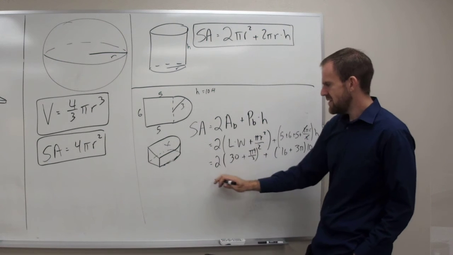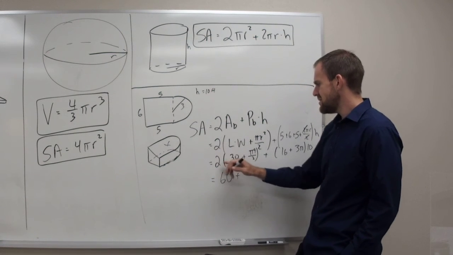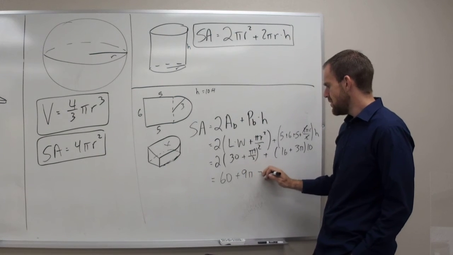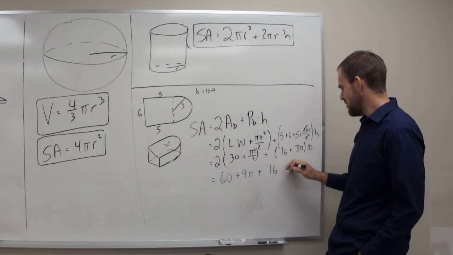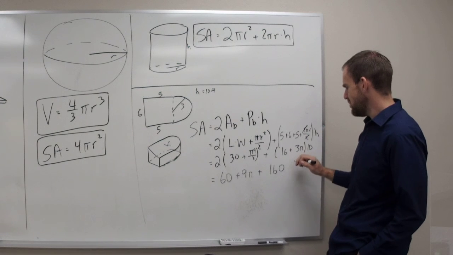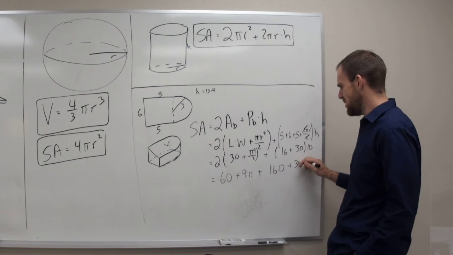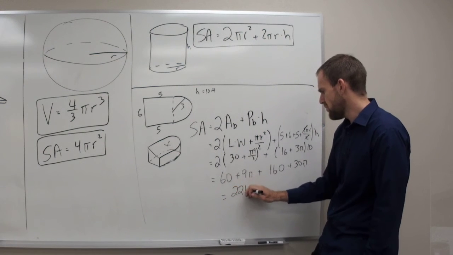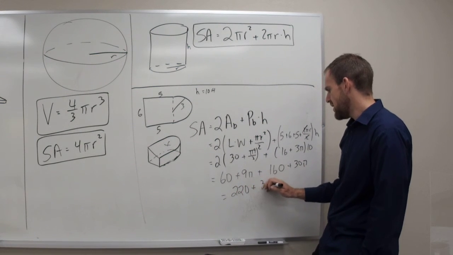From there, I'm going to multiply these out. So I get 60 plus 2 times 9 pi over 2 is 9 pi, plus 16 times 10, which is 160, plus 3 pi times 10, which is 30 pi. Now I'm going to add like terms. So that looks like 220 plus 39 pi.